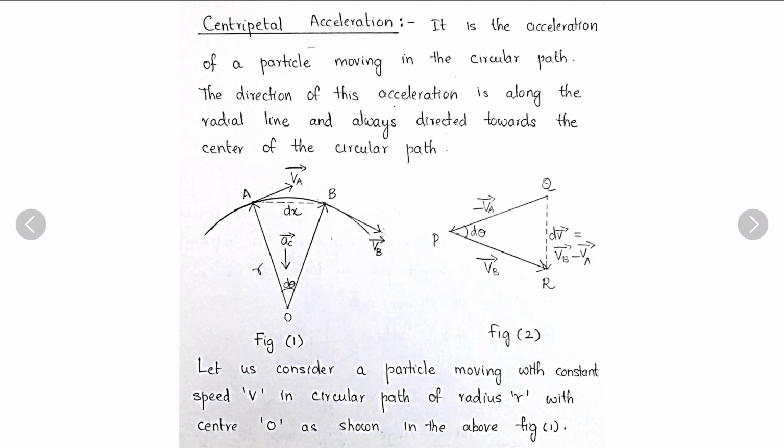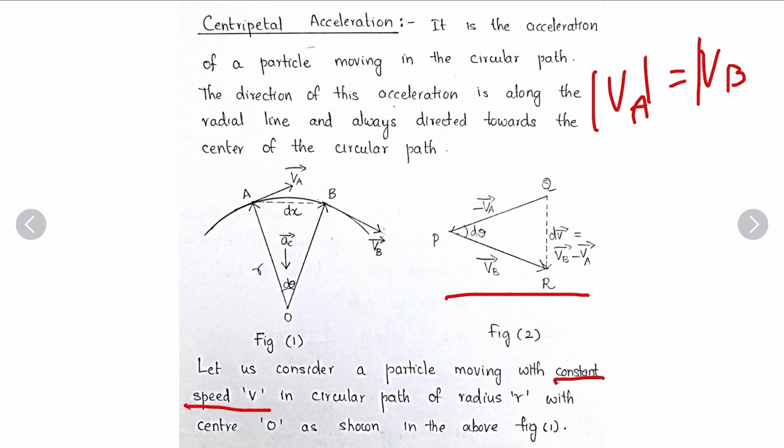Now the same figure we have redrawn with the vector notation. We have to understand VA and VB. It is going with constant speed, that means VA in magnitude is equal to VB in magnitude, but their directions are different. Their directions are separated by an angle. What is that angle? Let us see now.